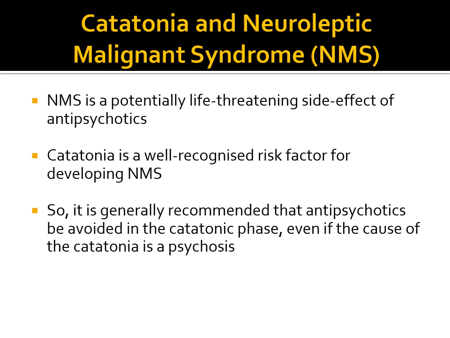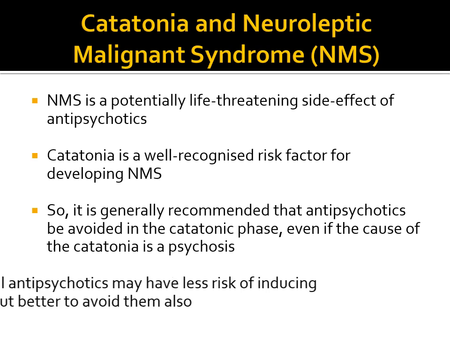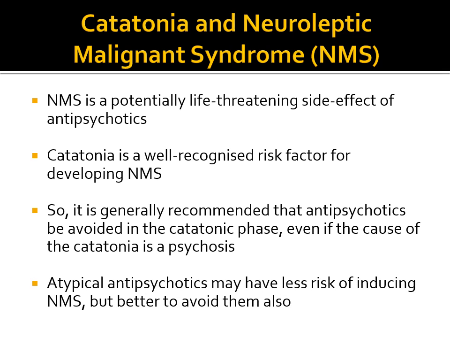So it is generally recommended that antipsychotics should be avoided in the catatonic phase, even if the cause of the catatonia is a psychosis, because you do not want the patient to be at a higher risk of developing neuroleptic malignant syndrome. Atypical antipsychotics may have less risk of inducing neuroleptic malignant syndrome, but it is better to avoid them also if possible.